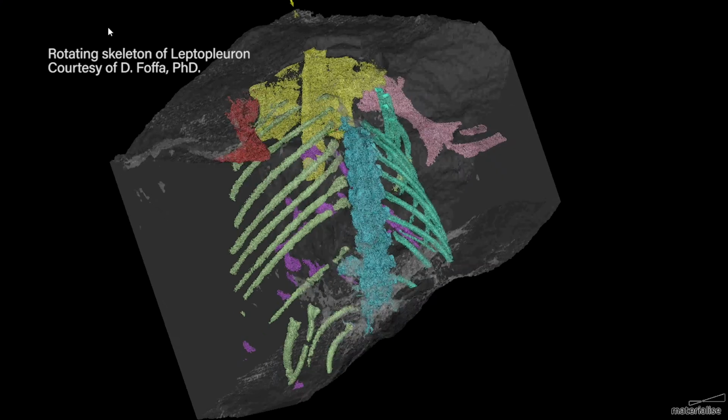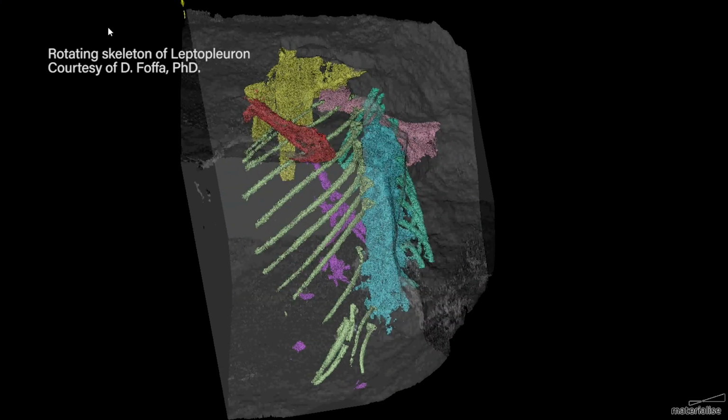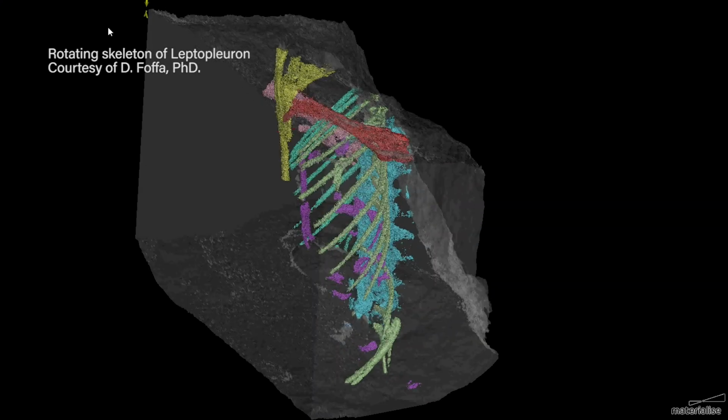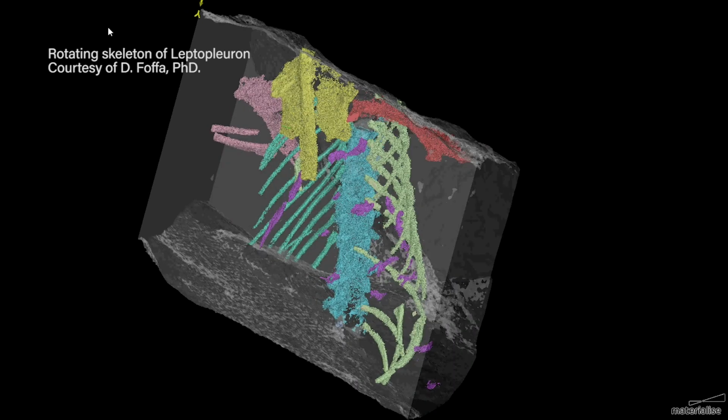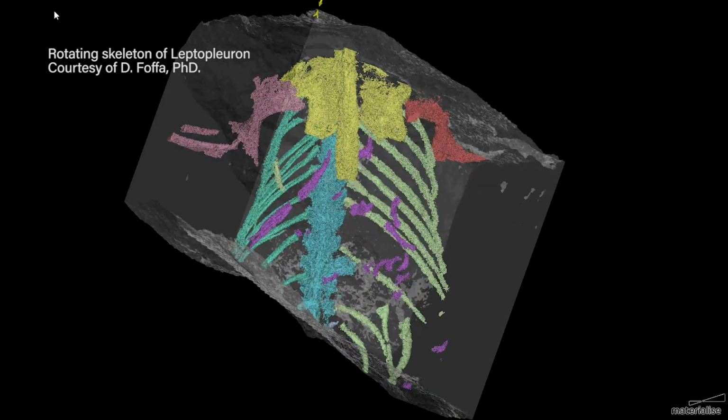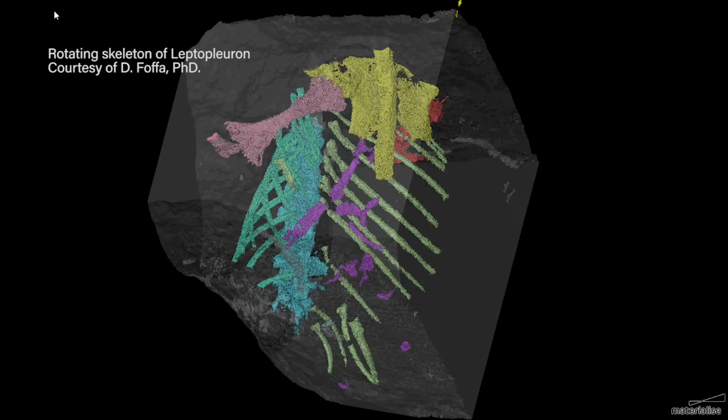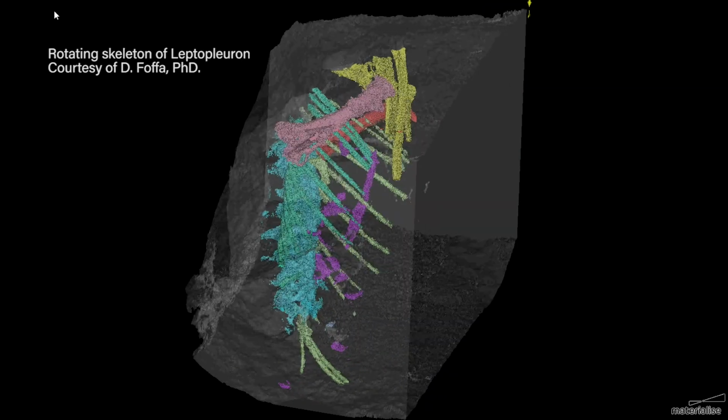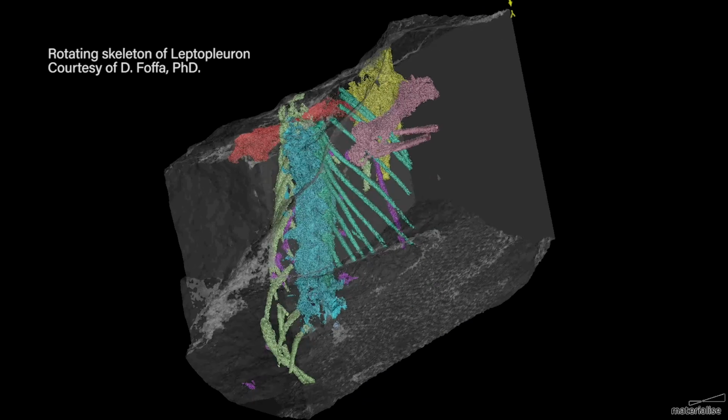In this way we can look inside the matrix and see with X-rays what is going on. When we do this, the specimen rotates inside the machine, which means that we can 3D reconstruct the old specimens instead of having a 2D surface.